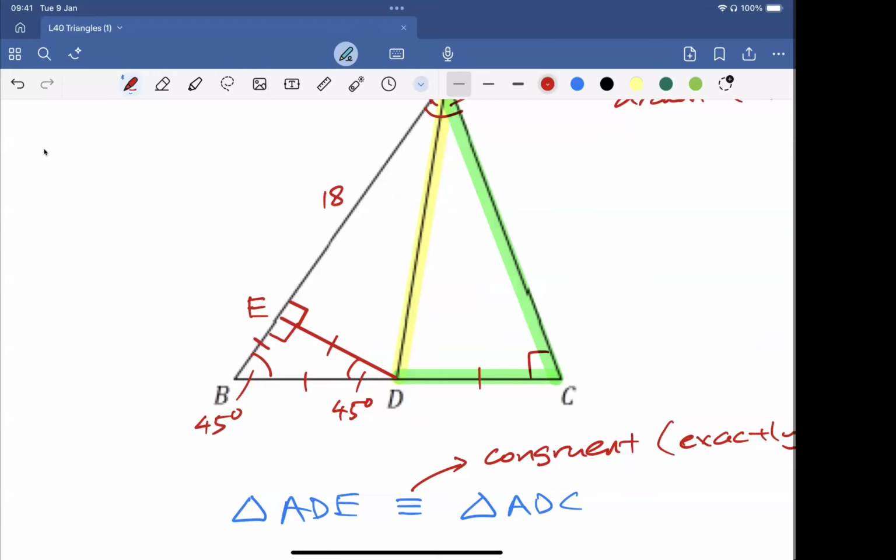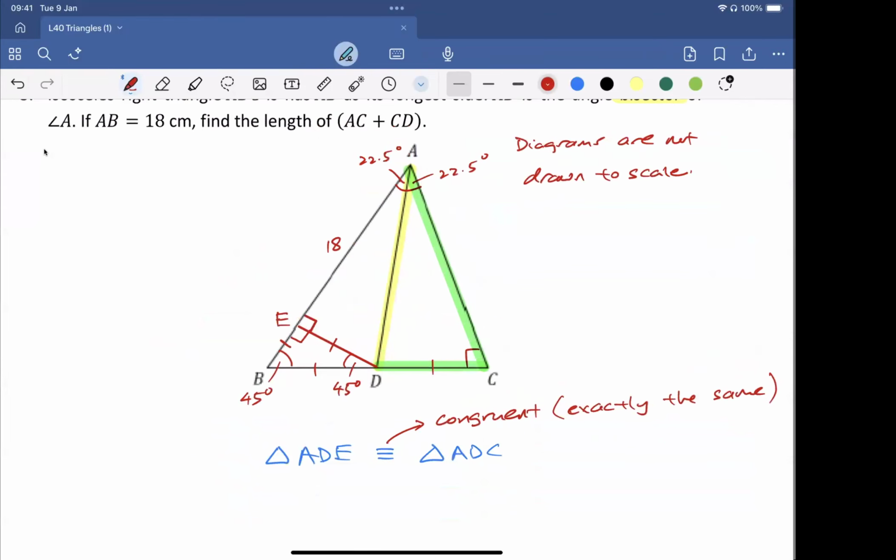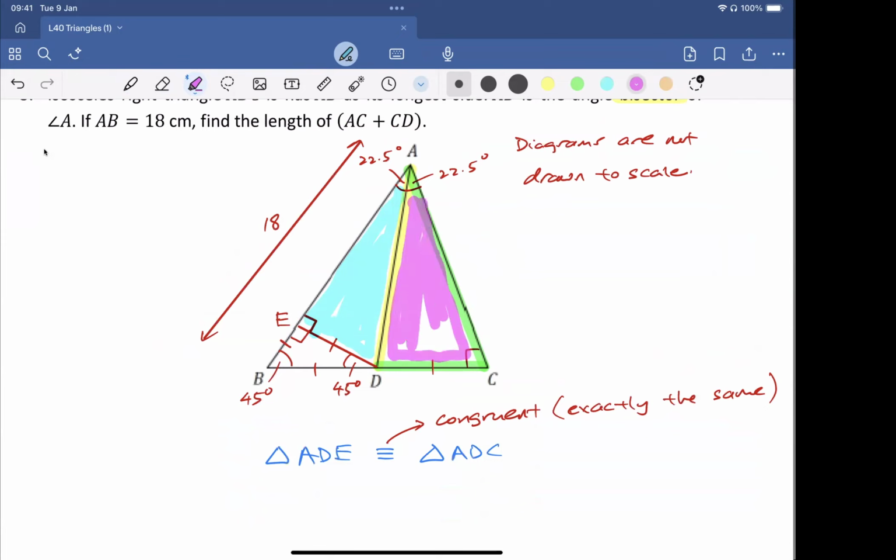So, students, now we know that the entire length here is 18, which is what the question told us. And we know that this triangle is exactly the same as this triangle. That means all the lengths are the same. All the angles are the same.